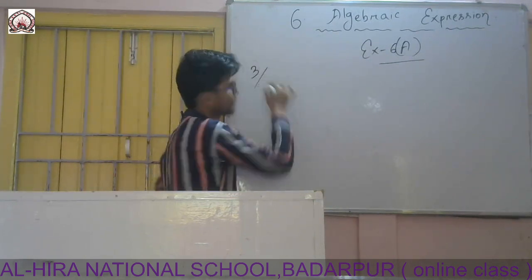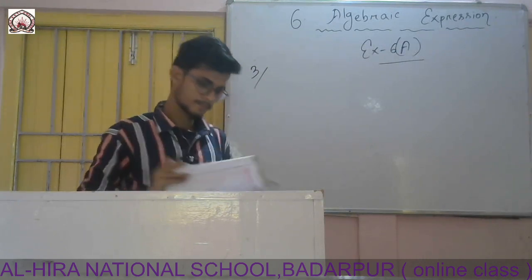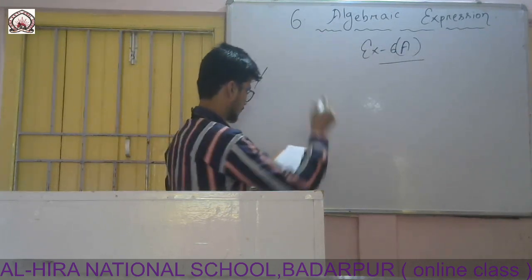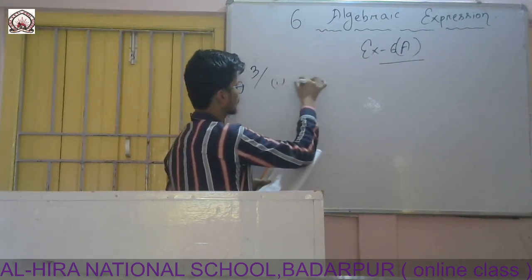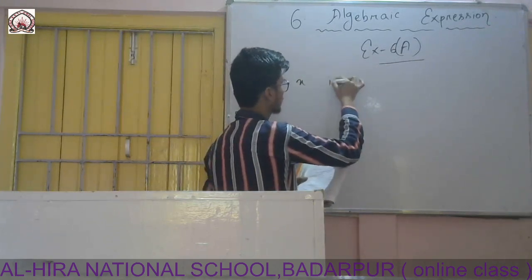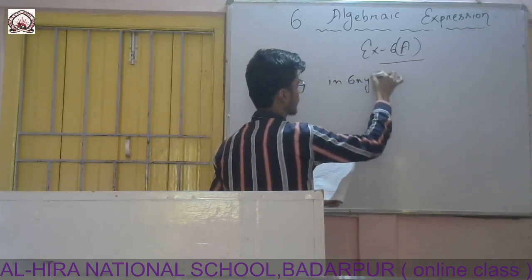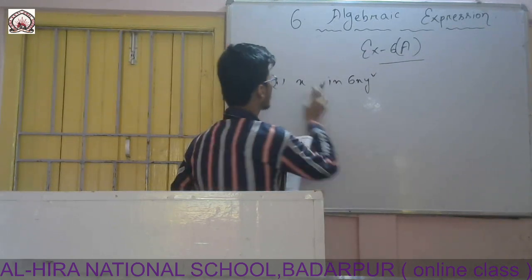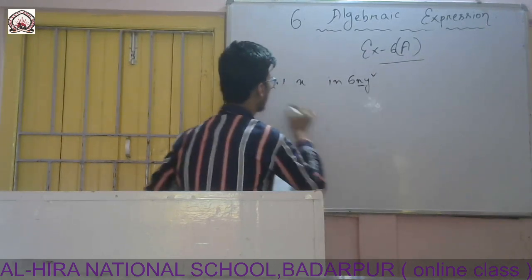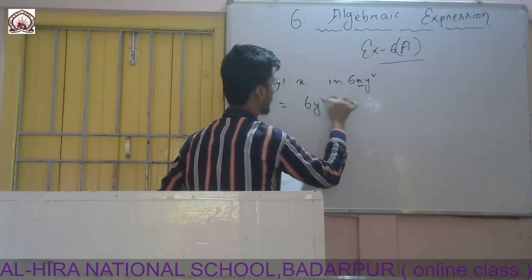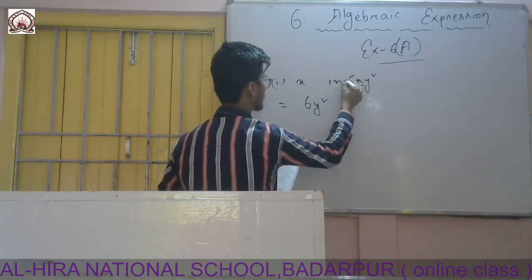Question number 3. So first one is you have to find the coefficient of x in minus 6xy square, just like earlier. Which one is given here? X. Just leave x. So answer is 6y square. Sorry, minus is there.